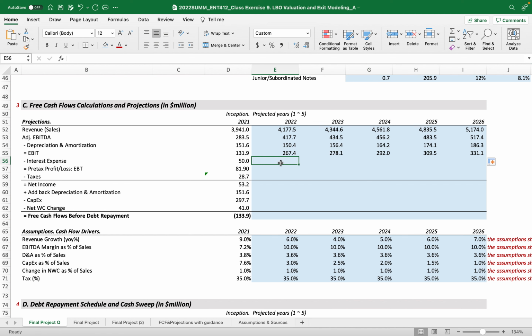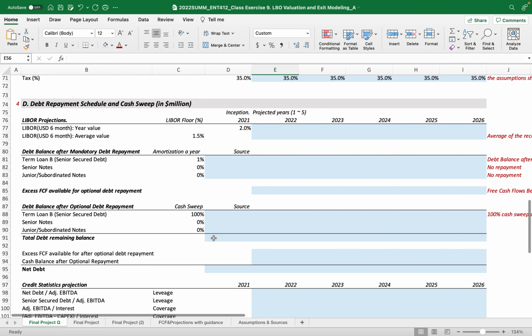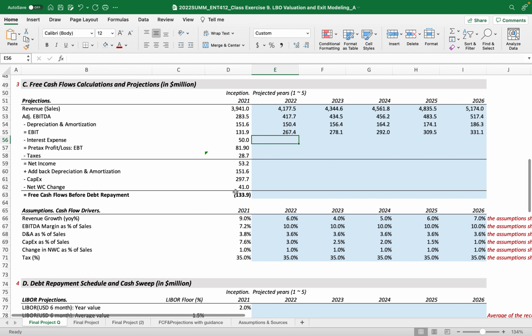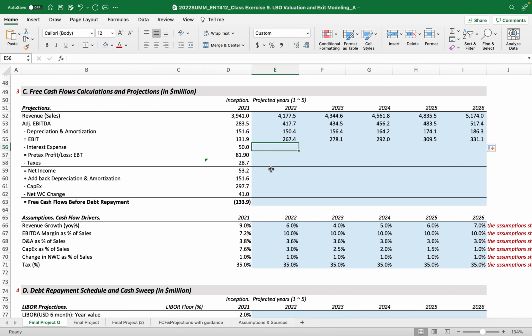Interest expense is very tricky, right? We must calculate the interest expense based on the remaining balance of the debt. So let's just skip the interest expense at this time. We have the EBIT minus interest expense, and then just use this equation, but this amount will be updated every year.